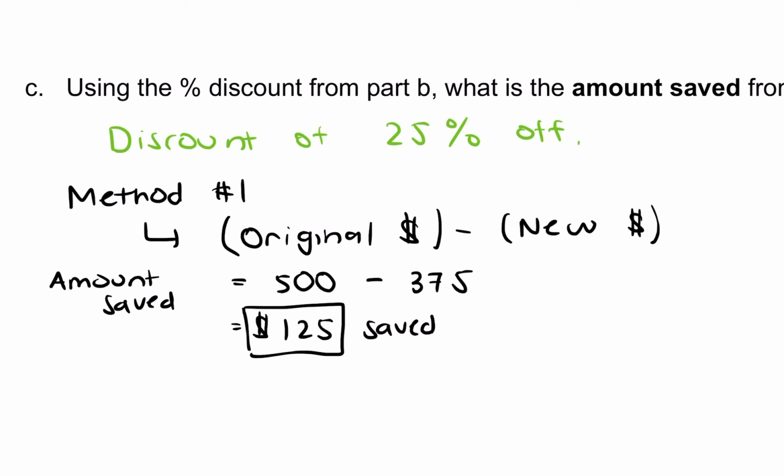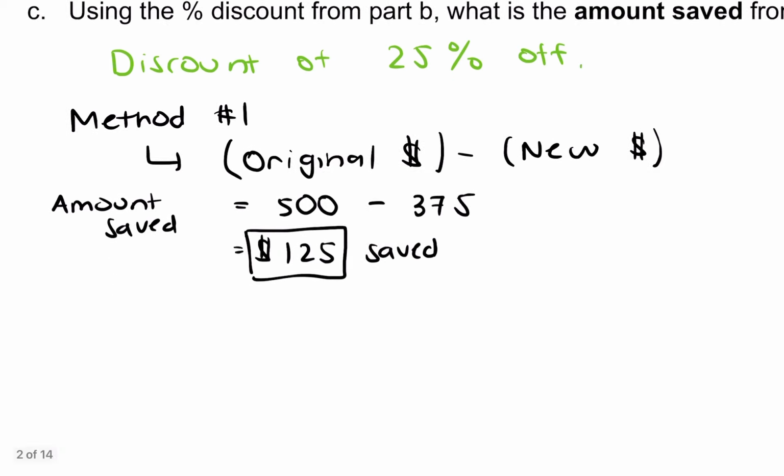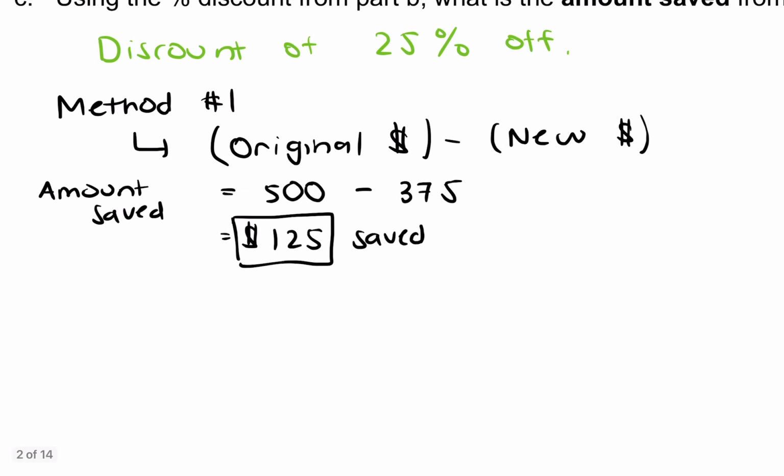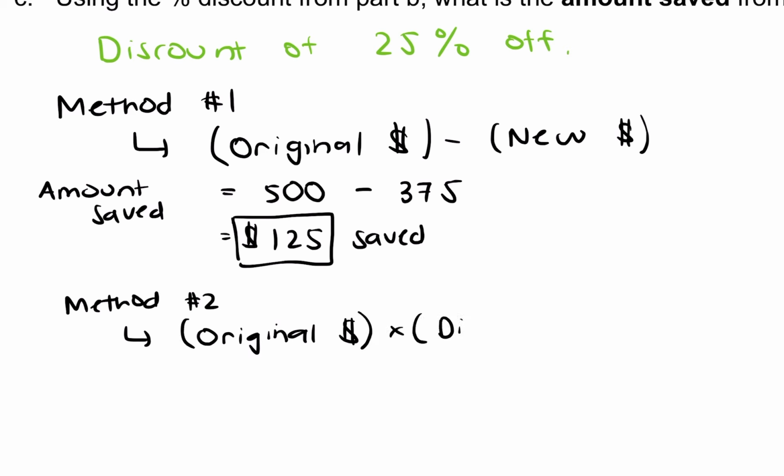Now, if you wanted to use our knowledge of finding percent of a number, we know exactly how to do that in method number 2. You can always apply the discount to the original price. So we get the original price and multiply that by our discount percent, and the number that we end up with is going to tell us the amount saved.